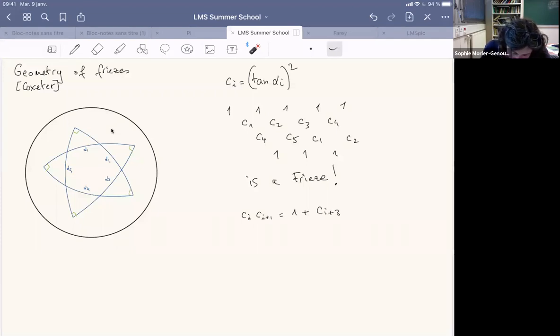And this cyclic symmetry of the picture is equivalent to the periodicity of the frieze. So because these numbers come from this symmetric picture, this sequence has to be 5 periodic. It's something sometimes called the Gauss map. So what I'm saying here is that you can deduce that if you have a sequence Ci of non-zero numbers such that they satisfy this recursion, then it is 5 periodic.